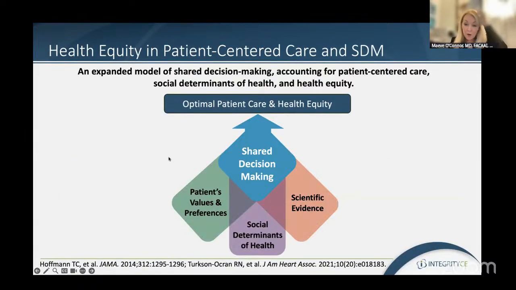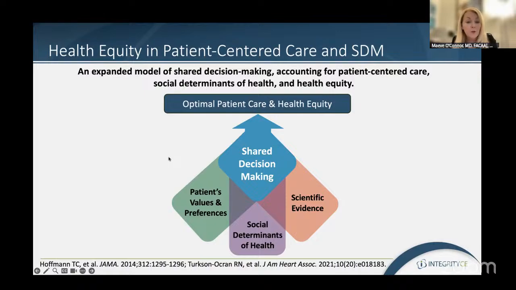So it's also very important to think about equity and inclusivity in hereditary angioedema. We really want to think about health equity in the patient-centered care and our shared decision-making approach. So there is an expanded model of shared decision-making, and this really takes into account not only the patient-centered care, but social determinants of health, as well as health equality.